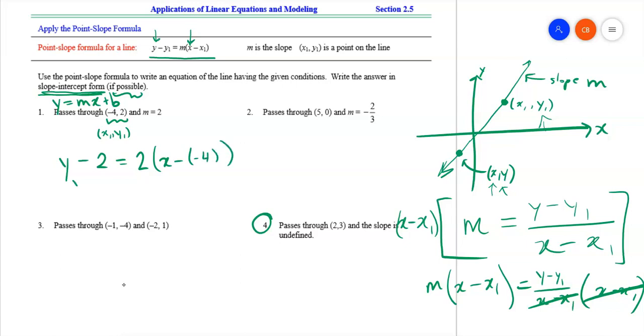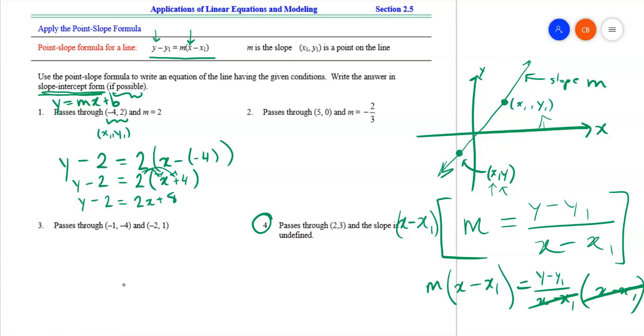Now we can simplify a little bit on the right side. Minus negative 4 makes x plus 4. And then we can distribute the 2. The way that you go about this simplification is not important, but it will go y minus 2 equals 2x plus 8.